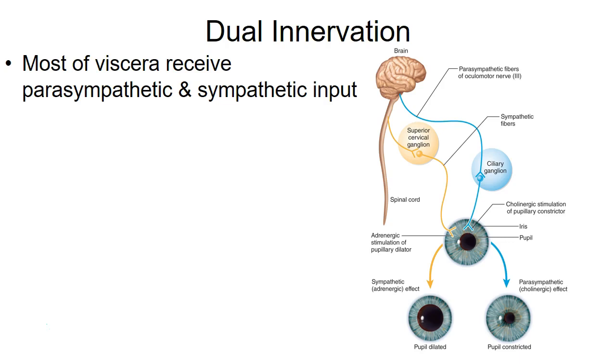So here, you know, for the pupil, you have parasympathetic and sympathetic innervation. Now, in this case, there's two separate muscles that are innervated. So here, the parasympathetic, right, is going to be causing the constrictor muscle, okay, to contract. It is going to be constricting the pupil.